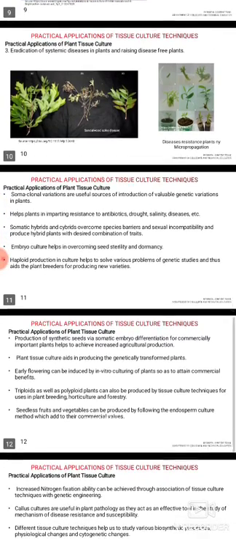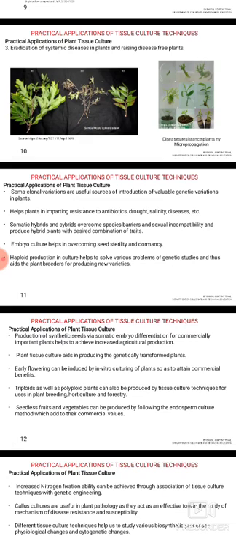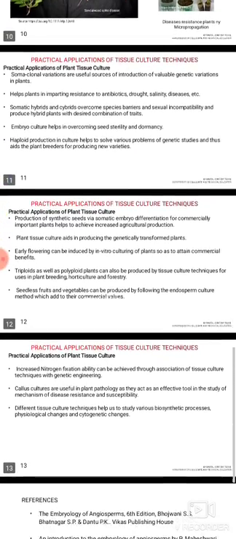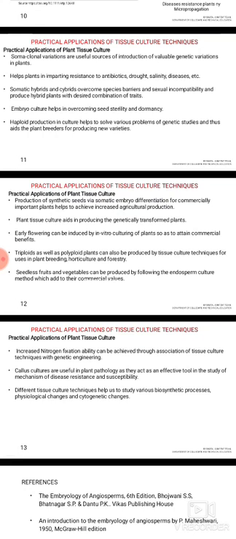The production of synthetic seeds via somatic embryo differentiation for commercially important plants helps to achieve increased agriculture production. Plant tissue culture also helps in producing genetically transformed plants. Early flowering can be induced by in vitro culturing of plants so as to attain commercial benefit.